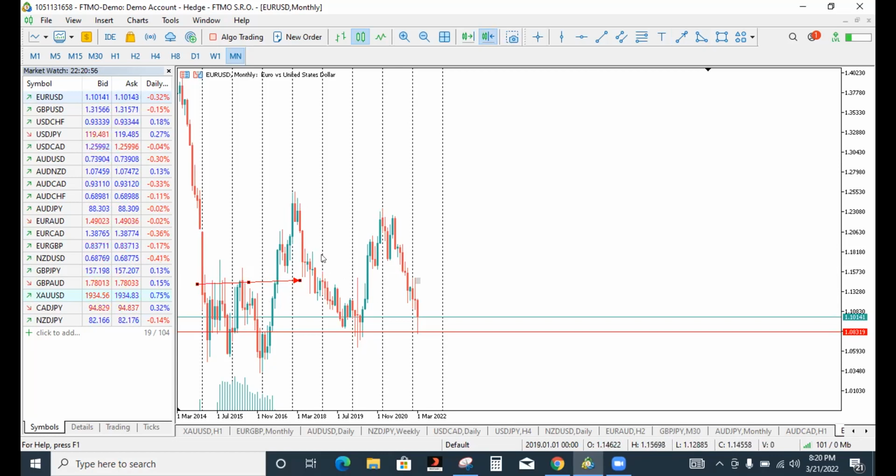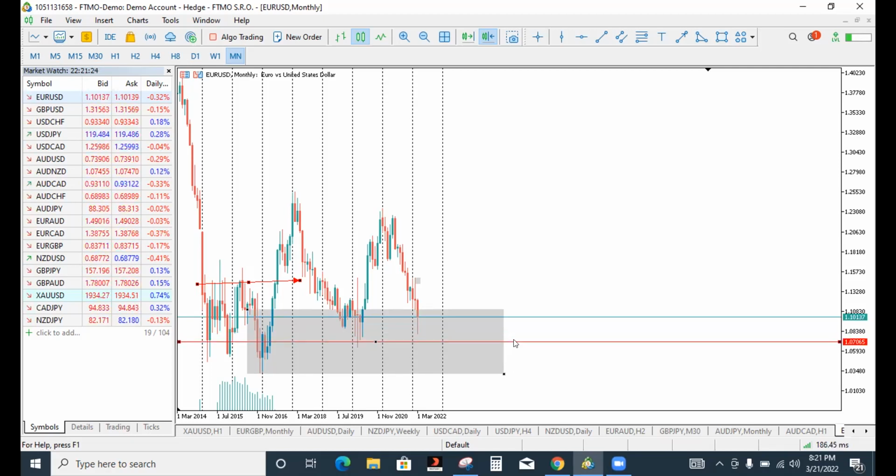So working with the two wings, since this demand here and this here are close by, and this is the swing that sponsored the break of structure, wouldn't it be better if we combine this cluster and this together to make something like this and take the median as entry? I don't know if it can work.